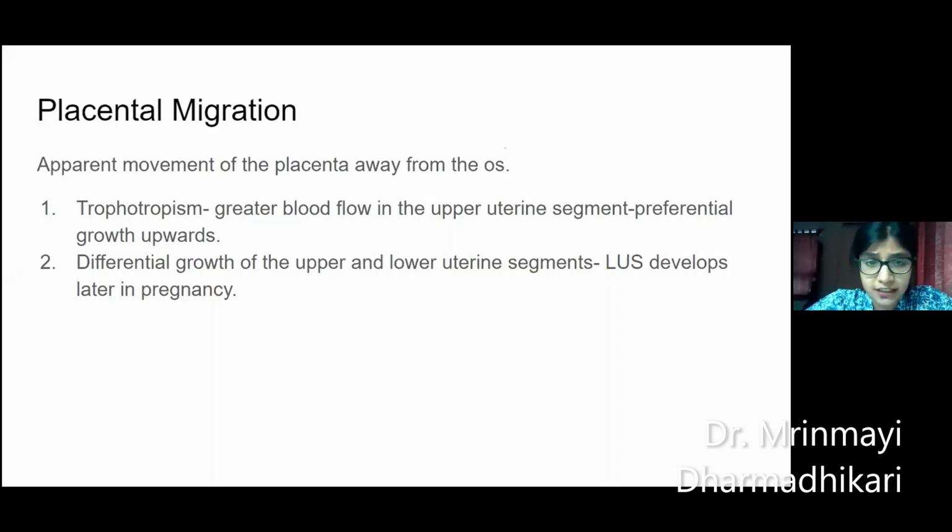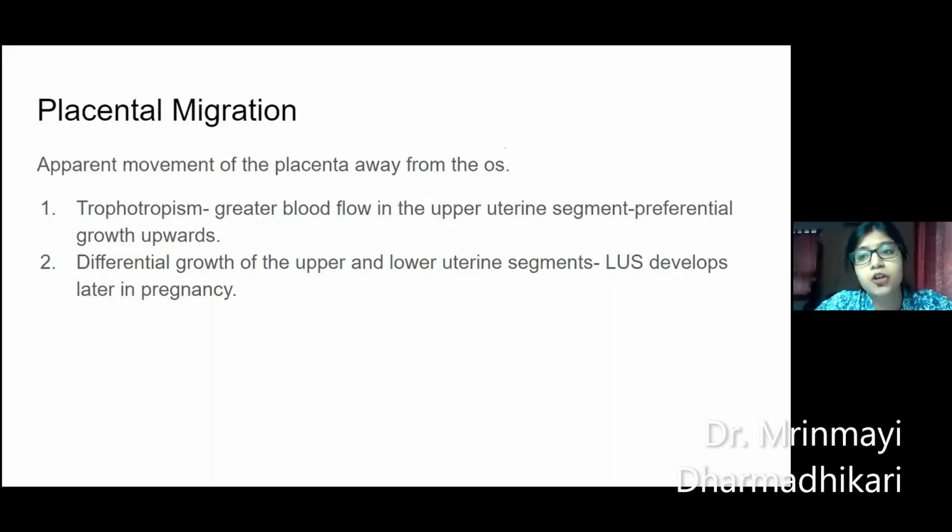But I'm sure you must have seen that in most of these patients, by the time they reach term gestation, the placenta has reached a normal implantation in the upper uterine segment. This patient may even have a normal vaginal delivery. So this apparent movement of the placenta away from the internal os is what is called placental migration. Remember everyone, it's an apparent movement. The placenta doesn't actually migrate.